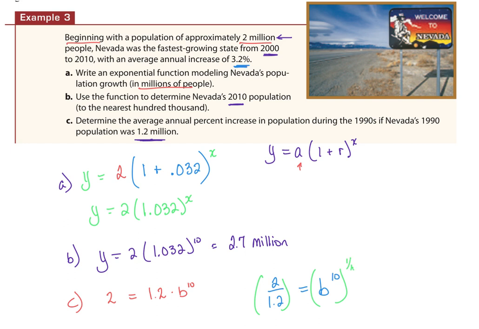The reciprocal of 10 is 1/10. So in your calculators, you could really do it to the 1/10, which would give you your b. So that would solve for b. b would equal 2 divided by 1.2 to the 1/10. And then to find your r, remember, you just subtract 1 from your b. So the rate here is 0.052, and to get it in percentage, multiplied by 100, 5.2%.